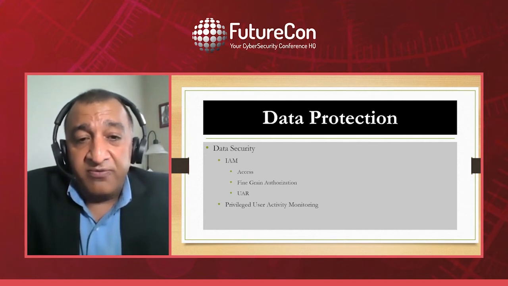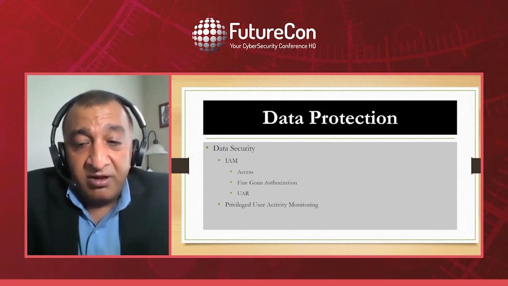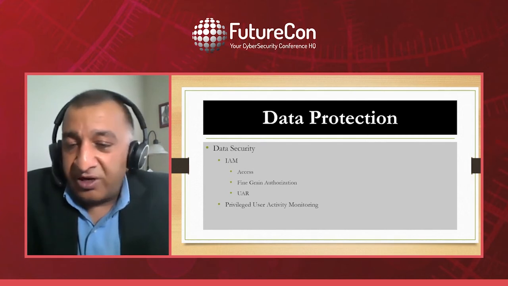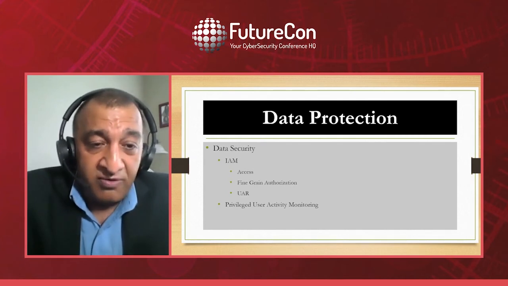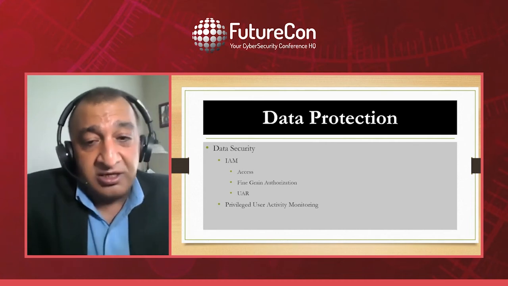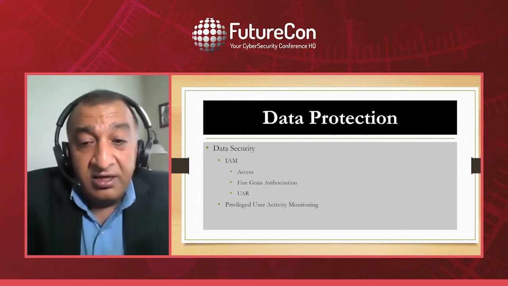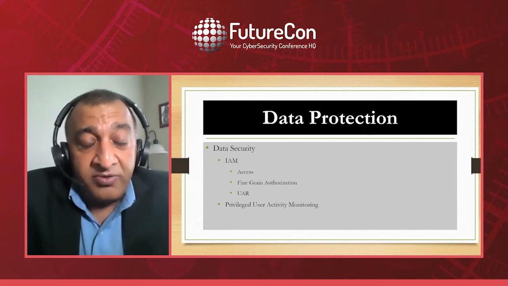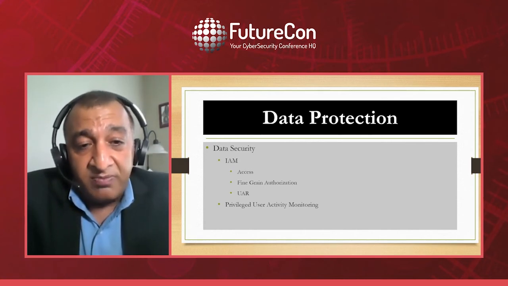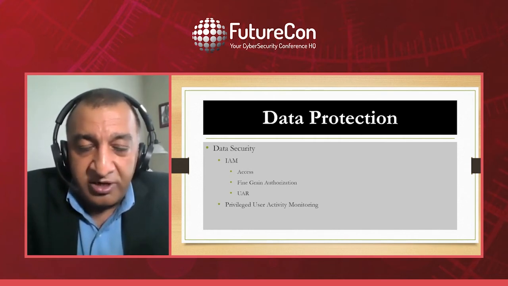If we don't have a good IAM program or it's not managed properly, and we leave user IDs out there for a while, it doesn't matter what kind of encryption you do. If a user was allowed to decrypt and their job changed, and you didn't remove those permissions, right, it doesn't matter. You have encryption. If you don't have a good IAM program, you're leaving the holes wide open.